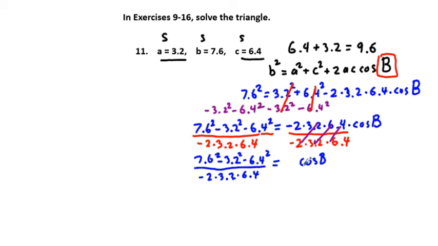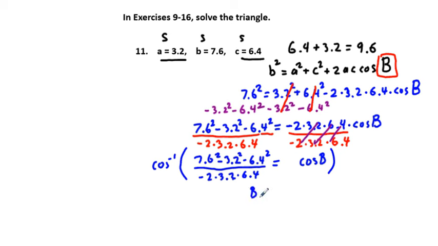And then we finally isolate B by taking the inverse cosine of both sides of this equation. So I put cosine negative 1, and what we have left is, I'm going to move the B to the left side.